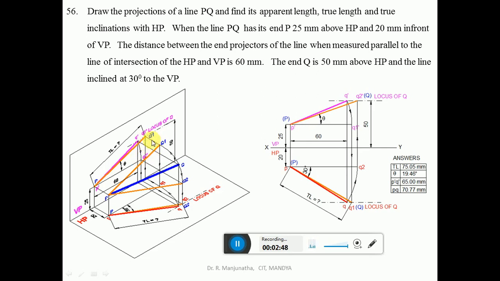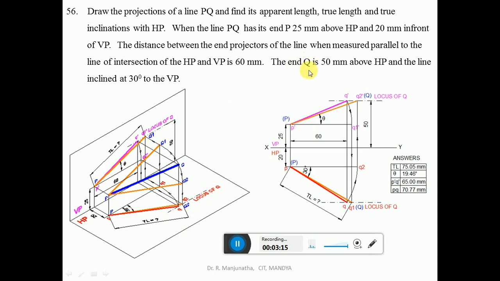We know the line is inclined at 30 degrees to VP, so the true inclination is given. But we don't know the true length, and we also don't know the locus of Q in the top view. We have to find that.